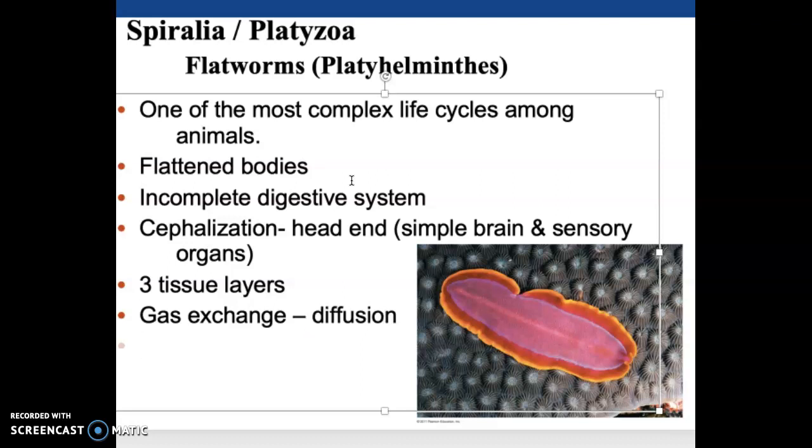And by and large, a lot of them are hermaphroditic, so there's a mutual exchange of sperm. Some of them can go asexual and reproduce through fragmentation. Okay, so those are the big general features for the members of phylum Platyhelminthes.